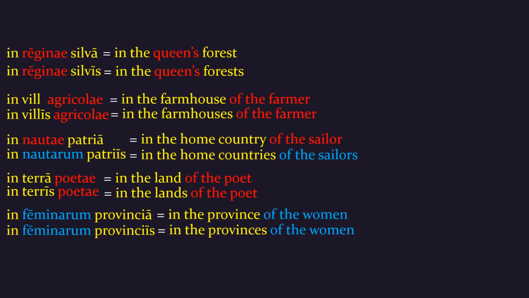Now let's try mixing the ablative and the genitive. At the top we have in reginae silva, in the queen's forest. There's one AE there. And this is singular. Or we can say in reginae silvis, in the queen's forests.